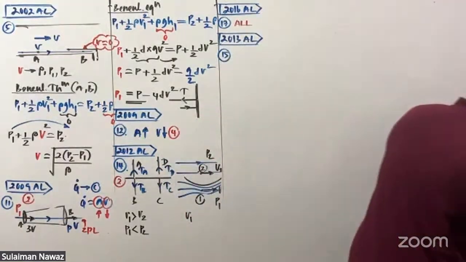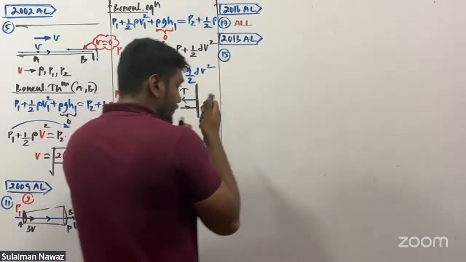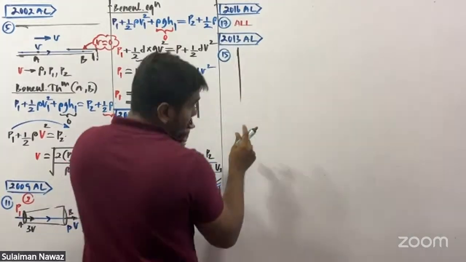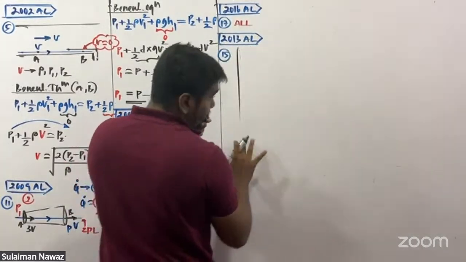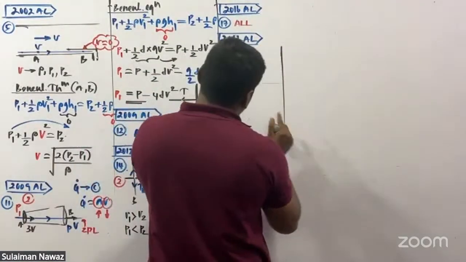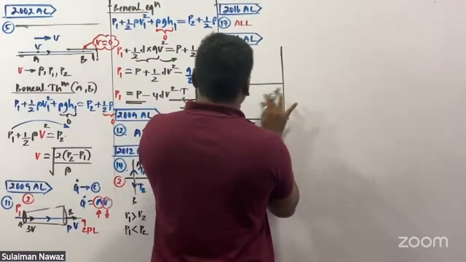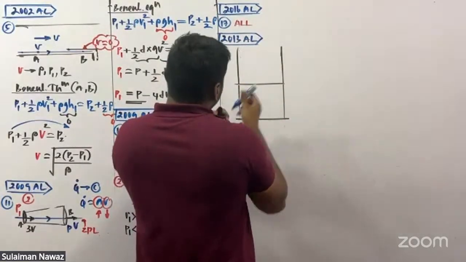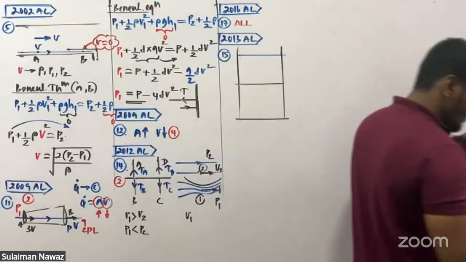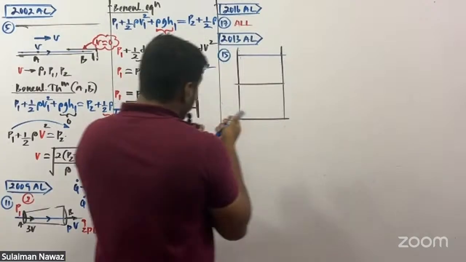I draw the diagram with H1 and H2. This side is H1.